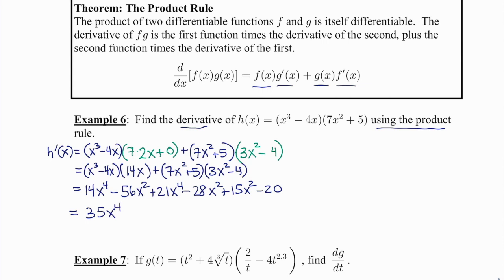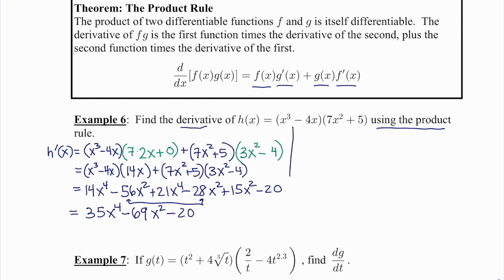If I combine these two, I have minus 84x squared. Negative 84 plus 15 is minus 69x squared, and then I have minus 20. So there's our simplified version of h prime.